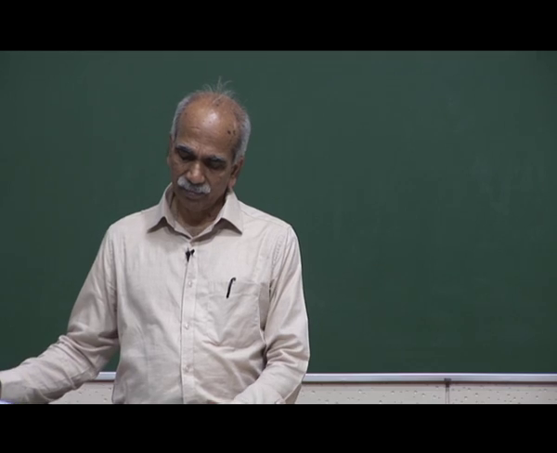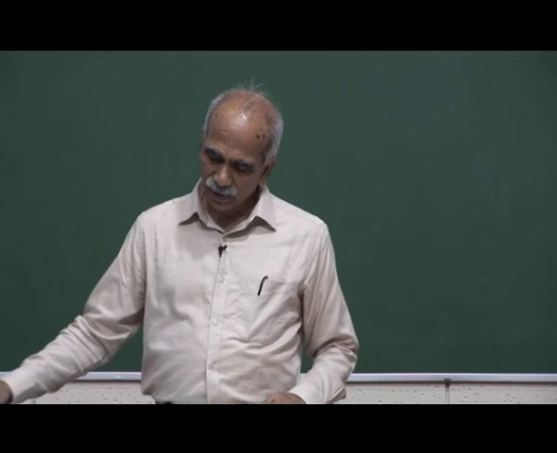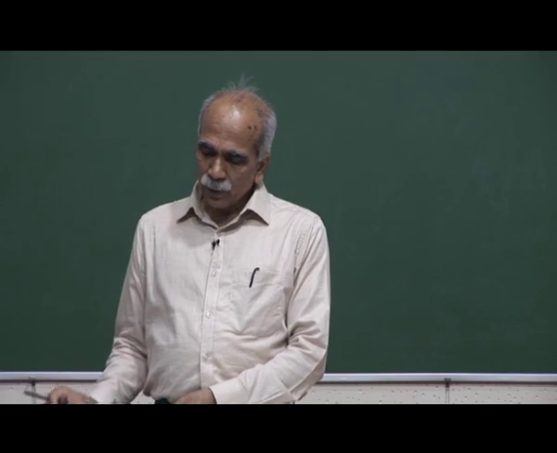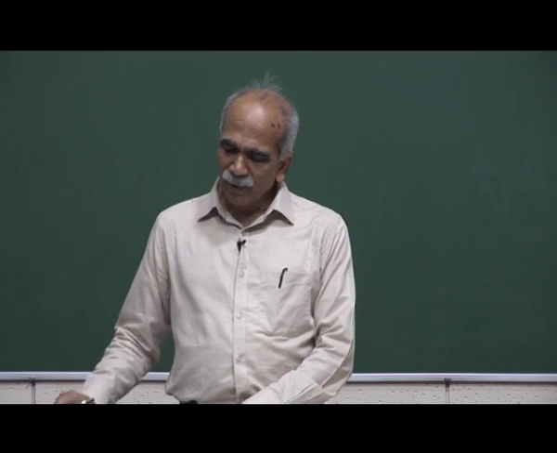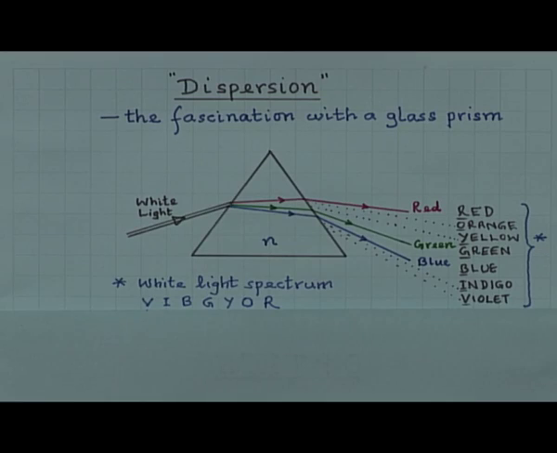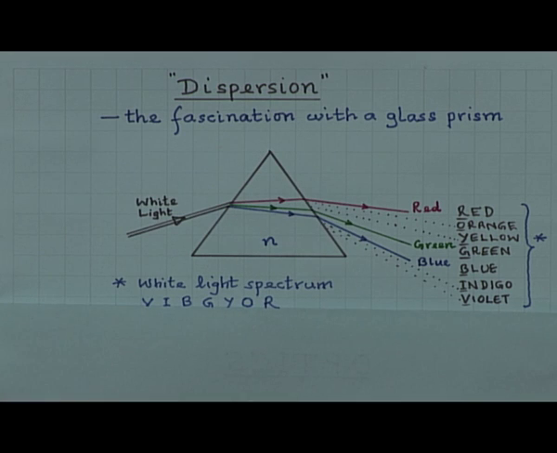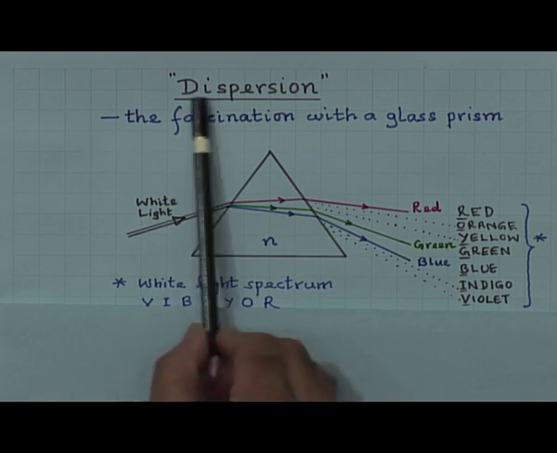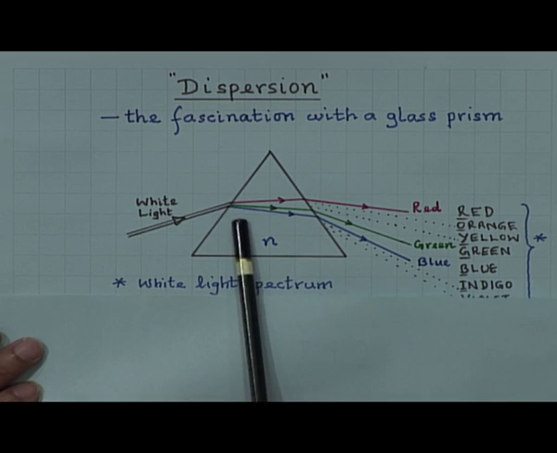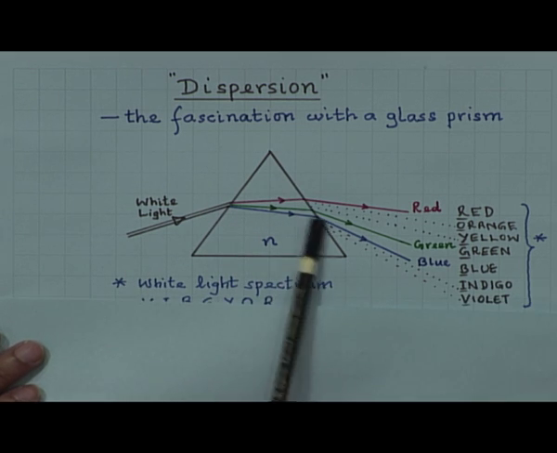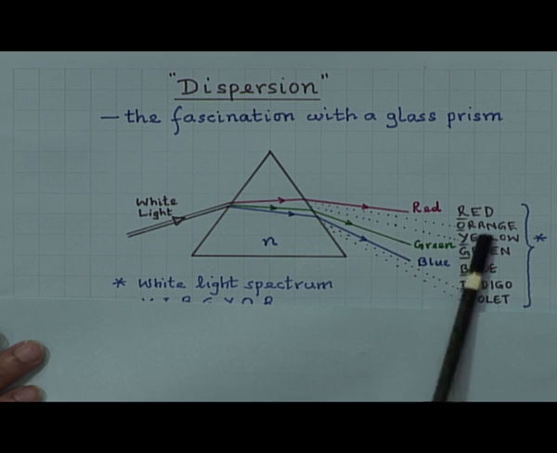Dispersion is the fascination with a glass prism. When we think of dispersion, the first impression is that white light incident on a prism disperses into different colors.